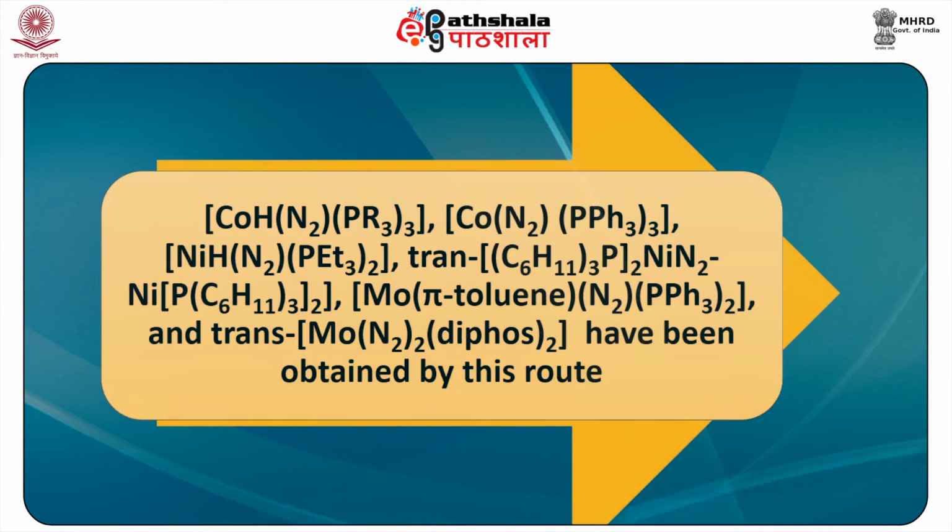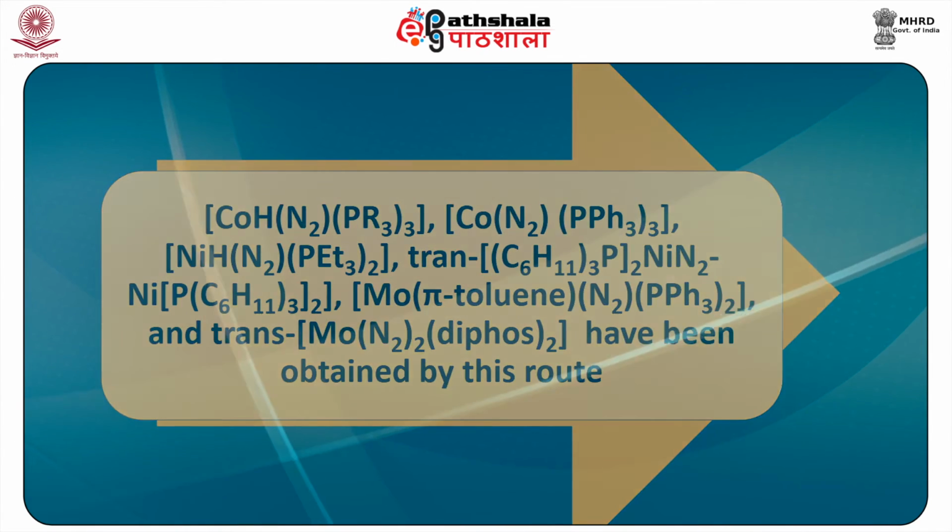For example, the diethyl aluminum can react with dinitrogen to show such kind of reaction. Sometimes the product contains a hydride ligand as well as dinitrogen and phosphine. For example, we can see a number of examples that shows.